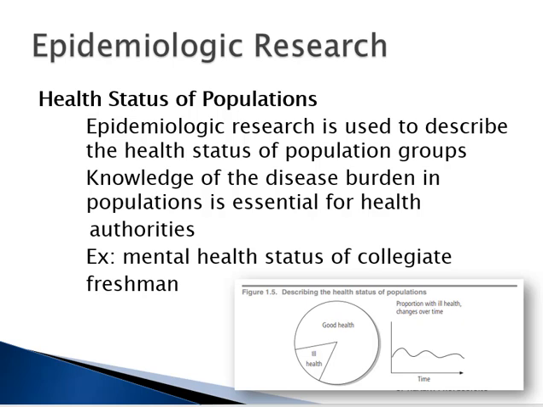Epidemiologic research is used to describe the health status of population groups. Knowledge of the disease burden in populations is essential for health authorities. Take, for example, mental health status in collegiate freshmen. This can be a very challenging area.